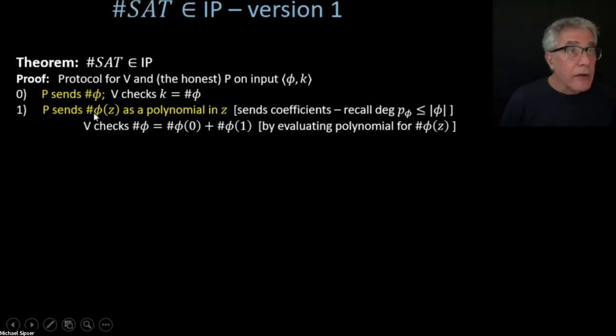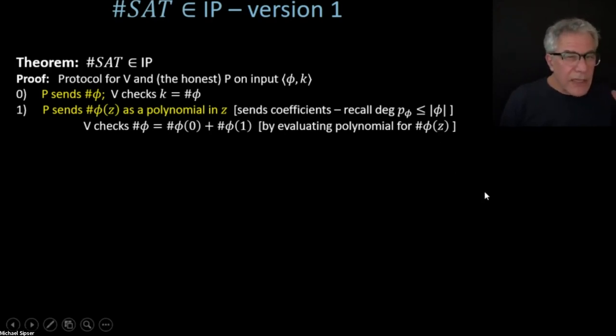So if I can send the entire polynomial, phi sub z, represented as a polynomial, I can plug in 0 and 1 into that polynomial and allow the verifier to do the check that it needs to do to demonstrate that number phi is correct. So it's going to check that number phi is number phi of 0 plus number phi of 1. But instead of getting those values directly from the prover, it's going to take that polynomial it got and evaluate that polynomial at 0 and 1.